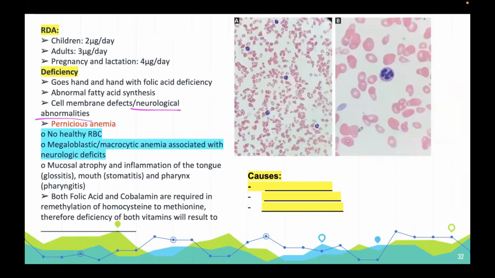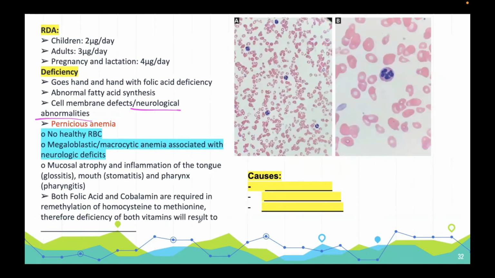Okay, what else? It can lead to pernicious anemia kasi nga hindi maganda yung synthesis. Wala kang healthy RBC. Okay? And then nagkaroon ng megaloblastic or macrocytic anemia associated with neurologic deficits. Kasi nga, naapektuhan na po yung ating hematopoietic stem cells. Okay? Both folic acid and cobalamin are required in the remethylation of your homocysteine to methionine.